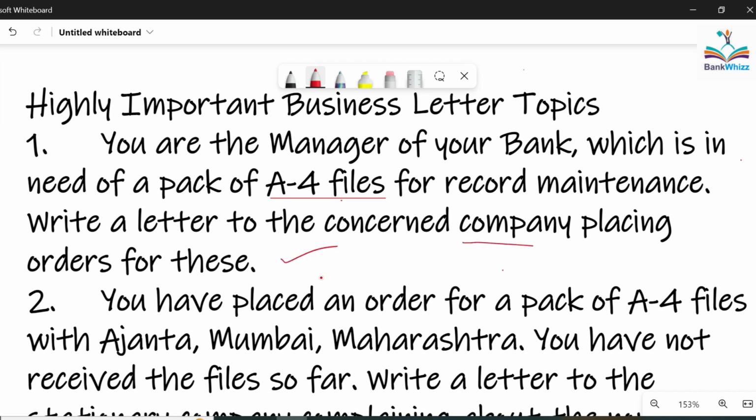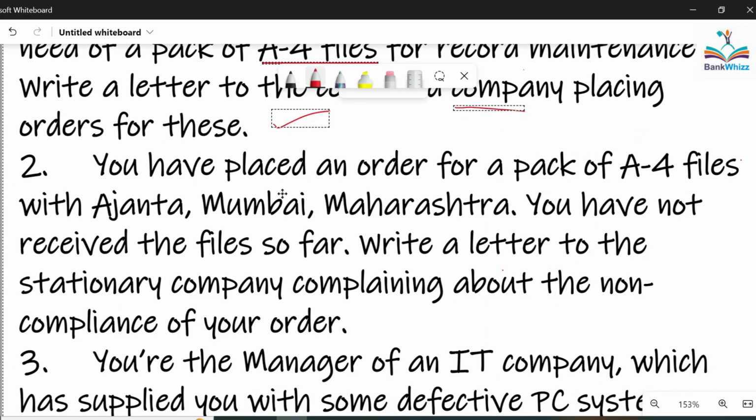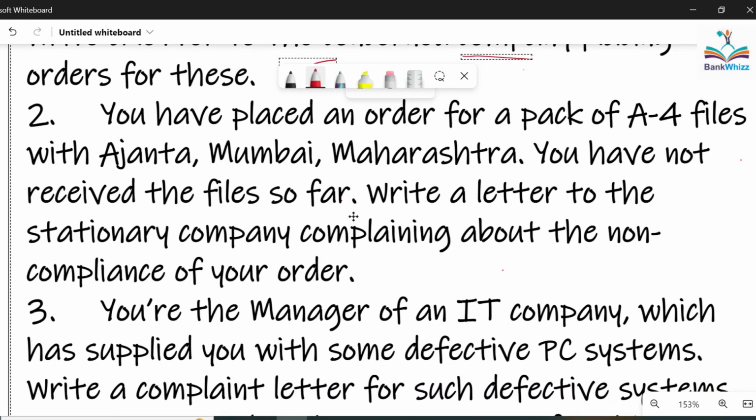Okay. Friend, the second letter topic is: you have placed an order for a pack of A4 files with Ajanta, Mumbai, Maharashtra. You have not received the files so far. Write a letter to the stationery company complaining about the non-compliance of your order.